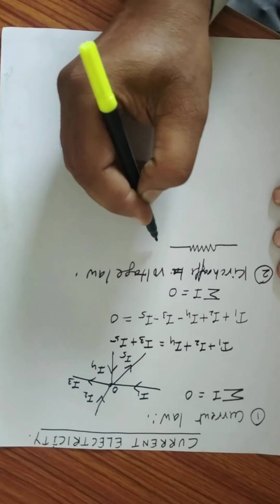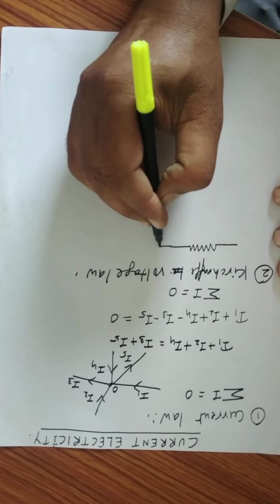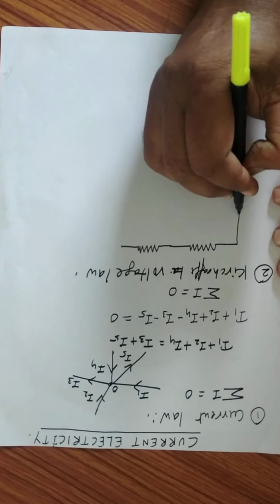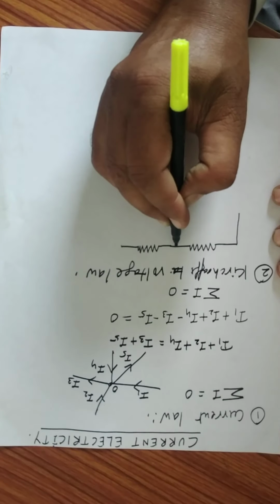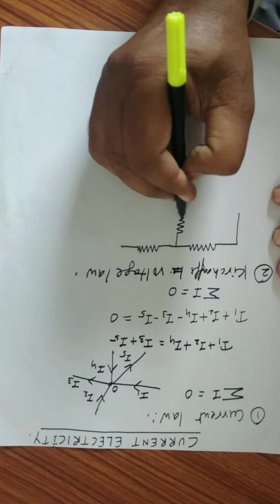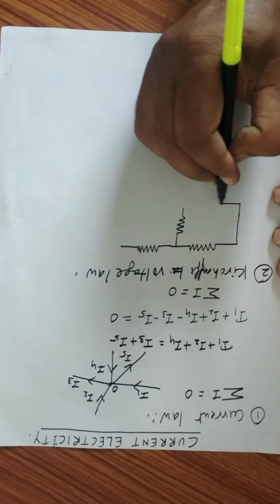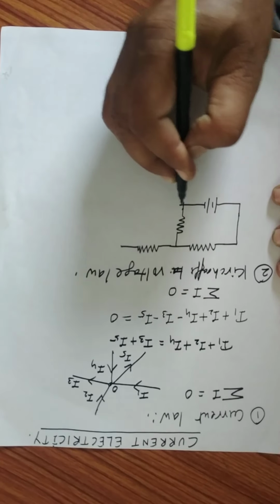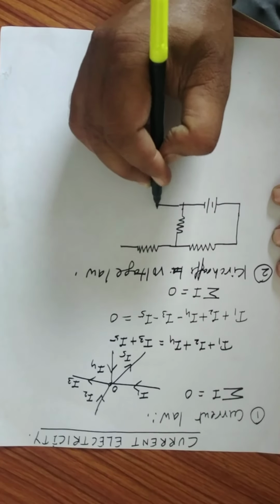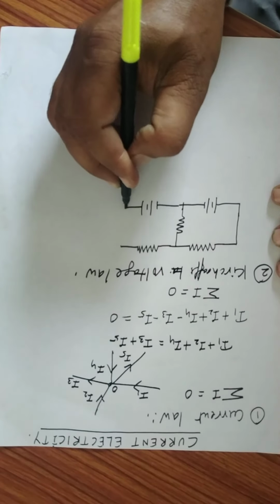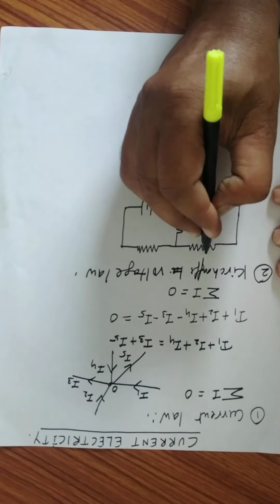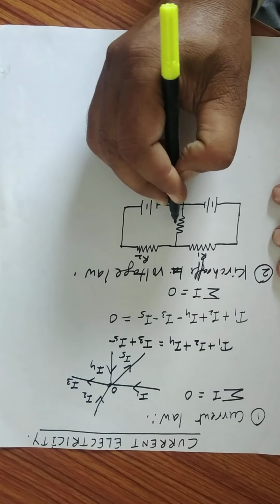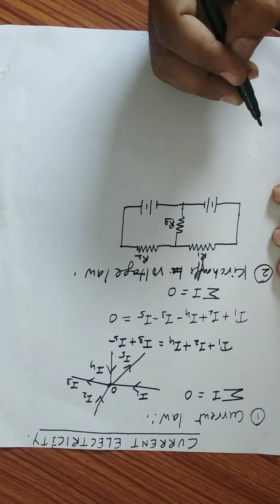Let us suppose that we have taken the three conductors are carrying the current as shown in the figure. So, conductors are having the resistance R1, R2 and R3 as shown in the figure.